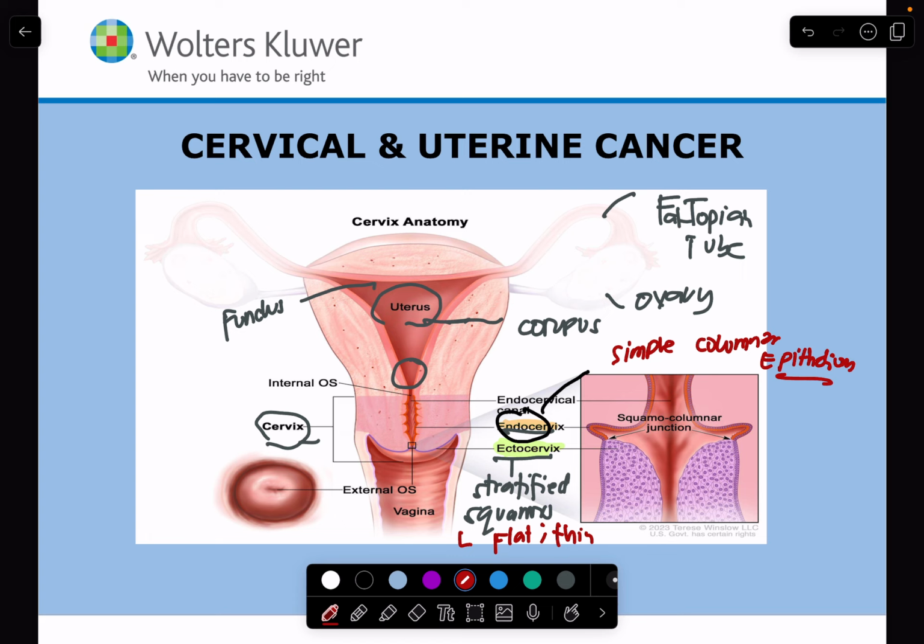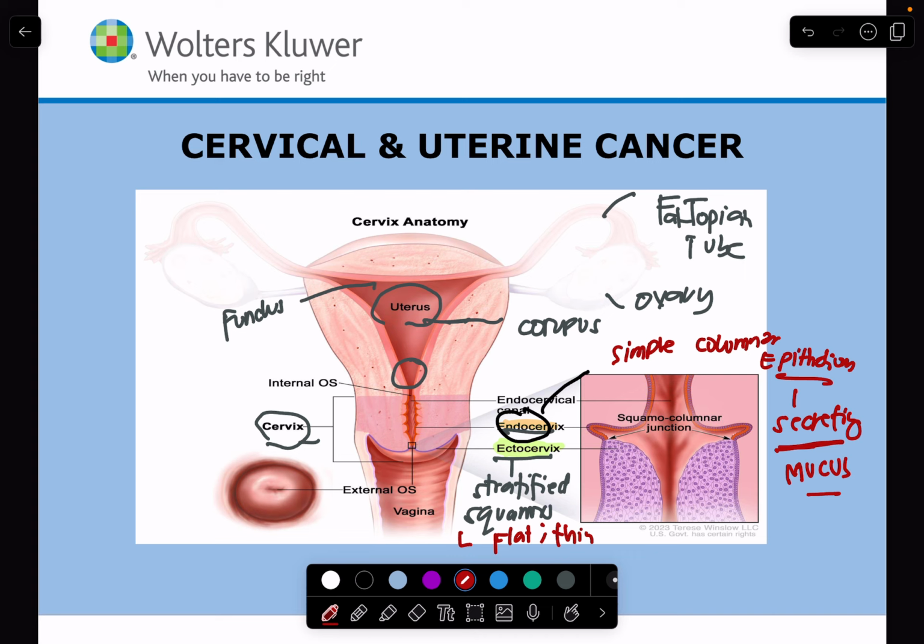Kung si ectocervix is comprised of stratified squamous, si endocervix naman is more on simple columnar epithelium. And most commonly, kapag ang isang organ is comprised of columnar type of tissue, it is a secreting organ. Meaning to say, it secretes mucus. Okay? That is for endocervix.